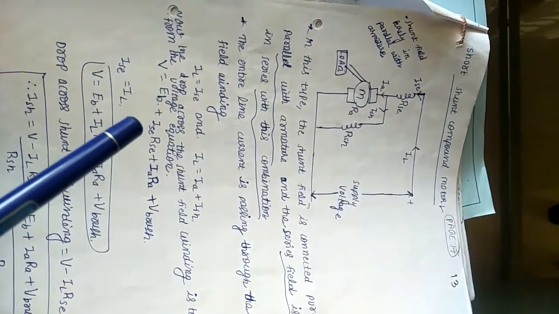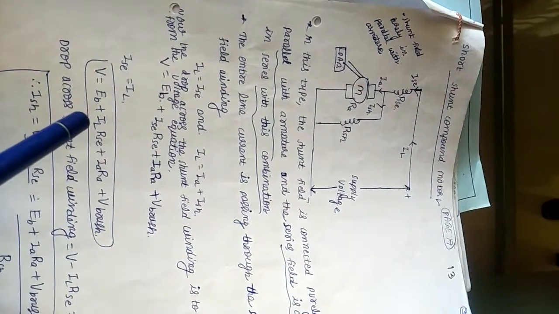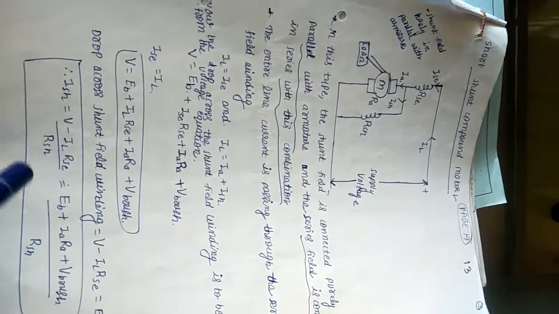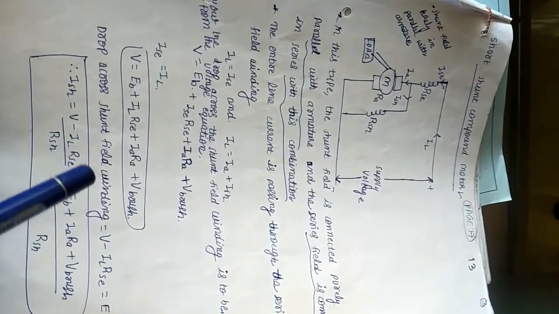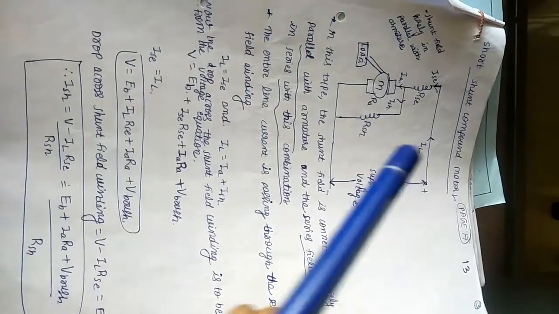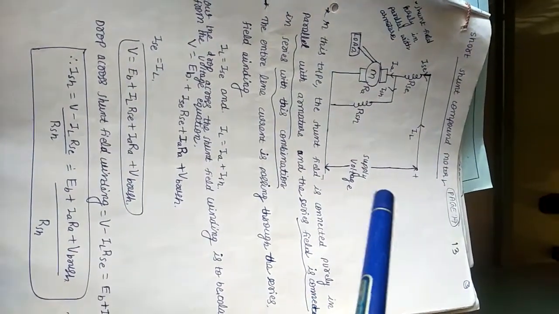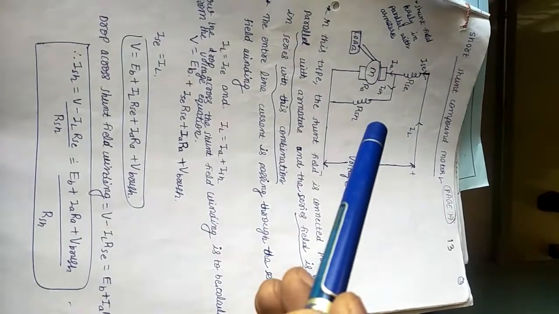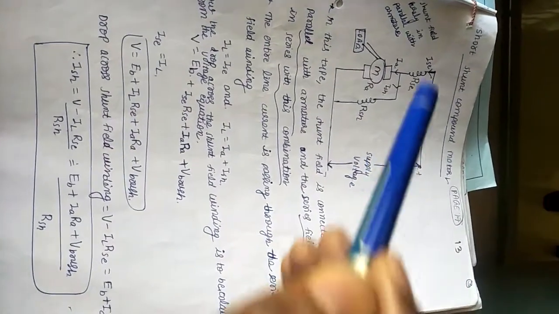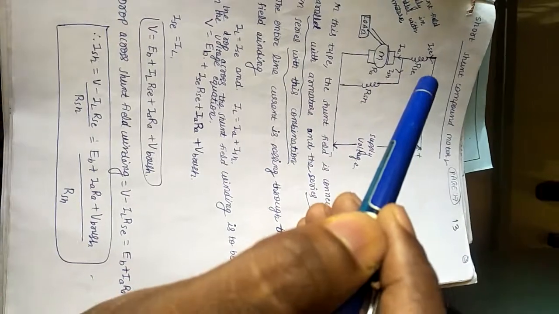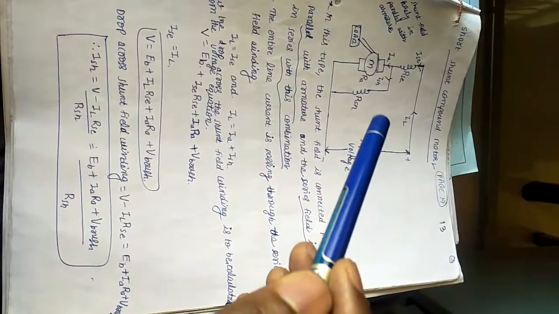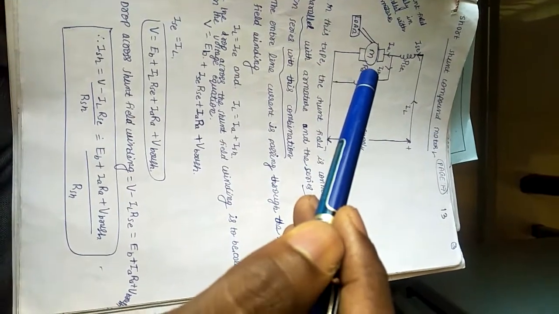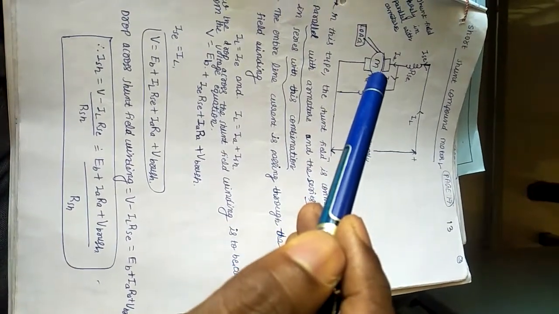So in place of ISC you write IL, and the rest of the expression I write as it is. So the drop across the shunt field winding is given by V minus IL into RSC, which equals EB plus IA RA plus V brush.